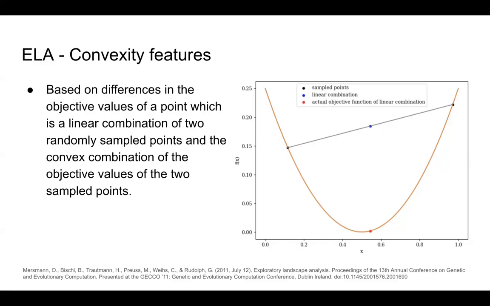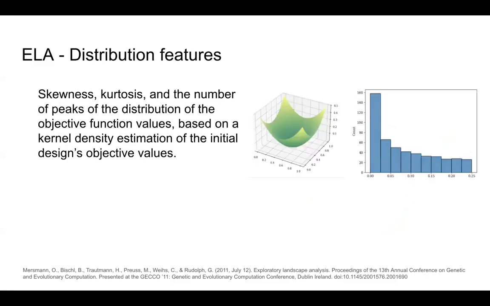And then what you do is you take a linear combination of them and see essentially how far the actual value of the function, so the red point, is from this middle point, which you get if you assume that the function is linear. So the greater the difference between these points, this is kind of an indicator that the function is not linear in that range.